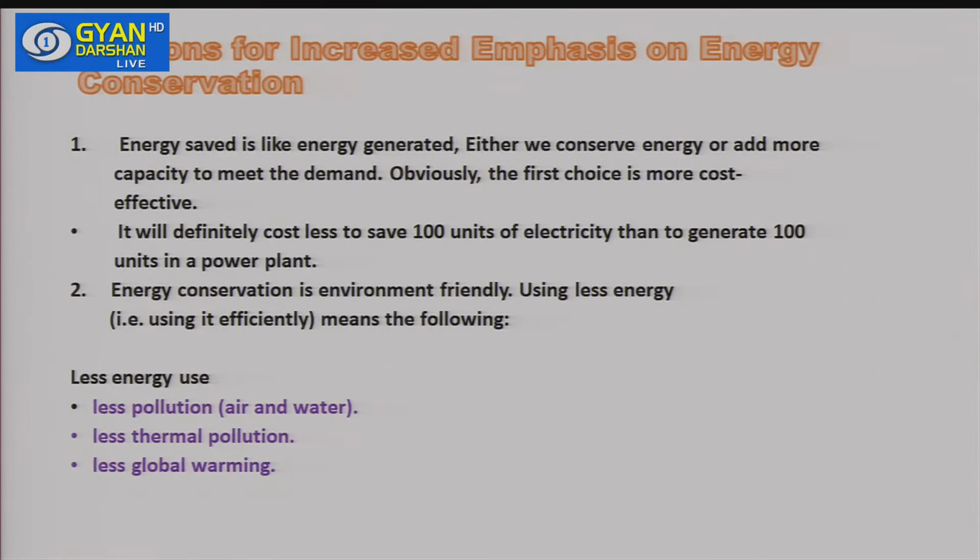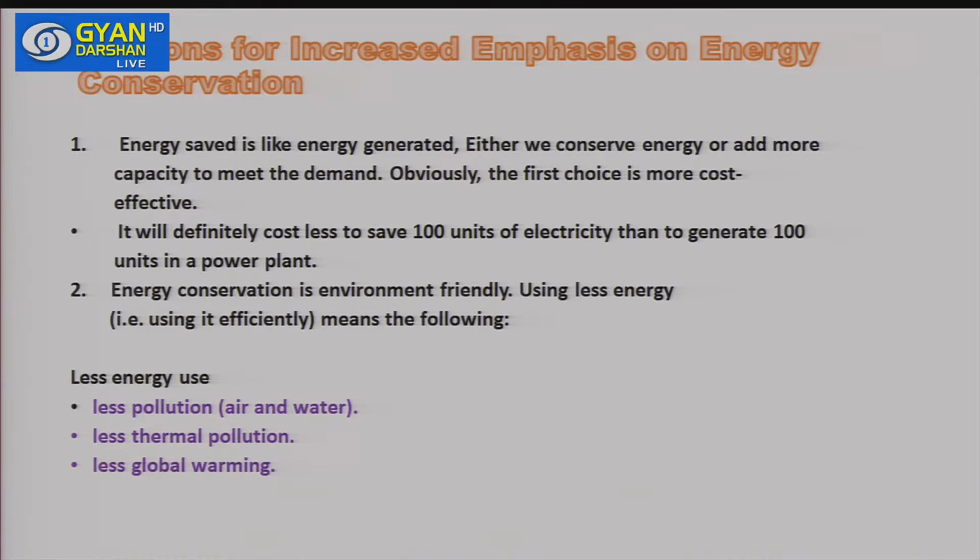Now I emphasize more on energy conservation rather than substitution of energy. Why? Because if I am going to save 100 units of electricity, I find it better than generating 100 units in a power plant, because when I am generating the power, there are certain losses there.